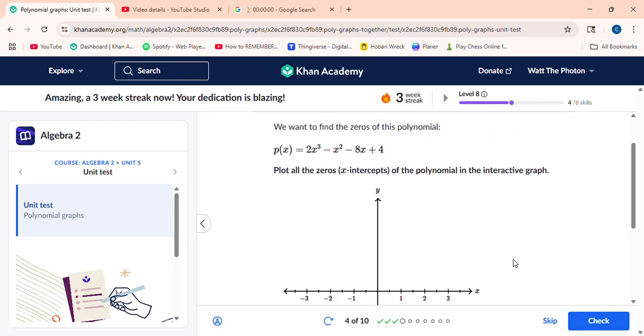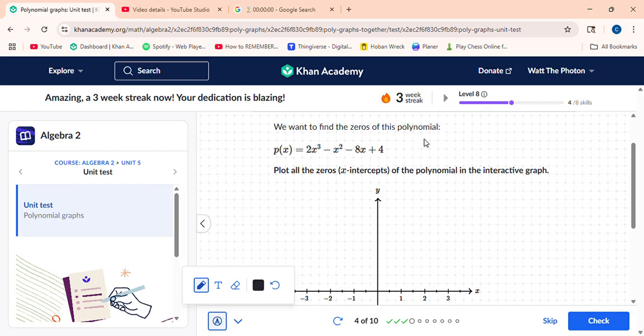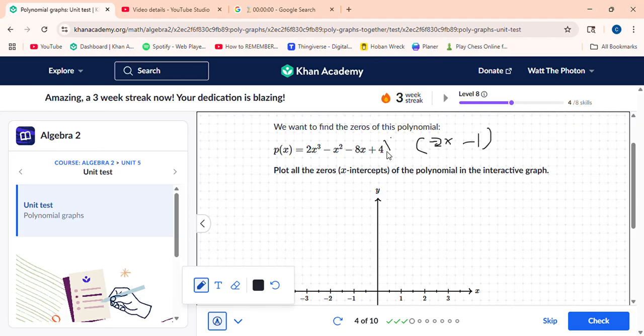Plot the polynomials. So let's see, of the graph. We can have 2x minus 1 x squared. Now we can have -4, 2x minus 1. I think that works.